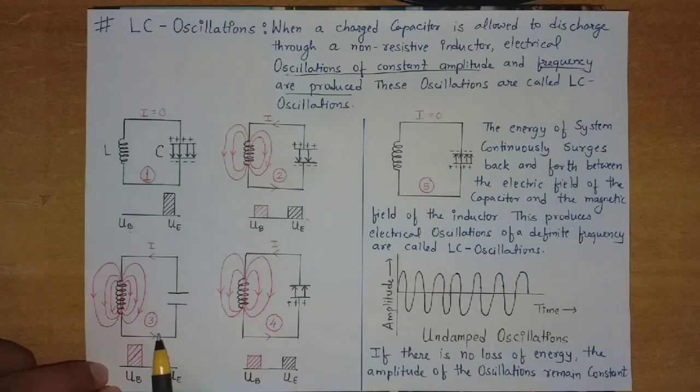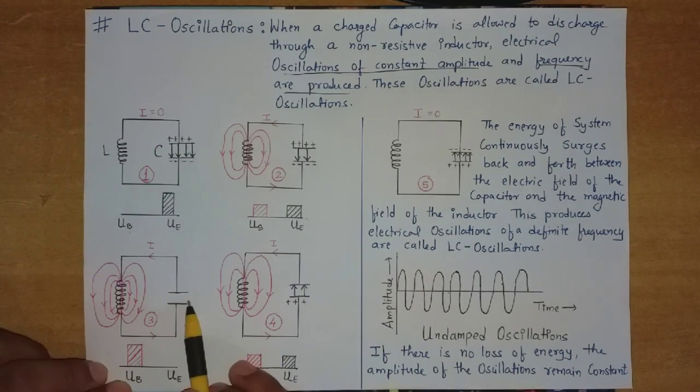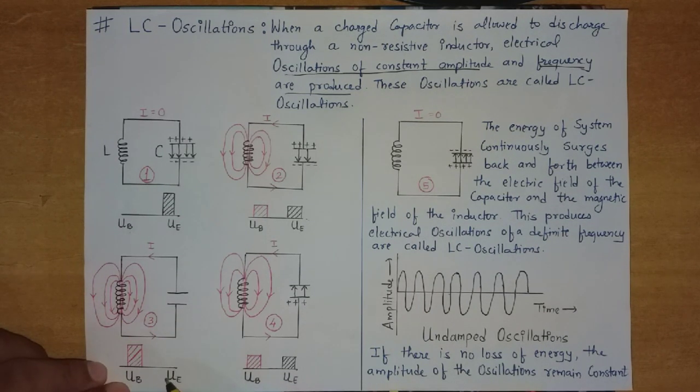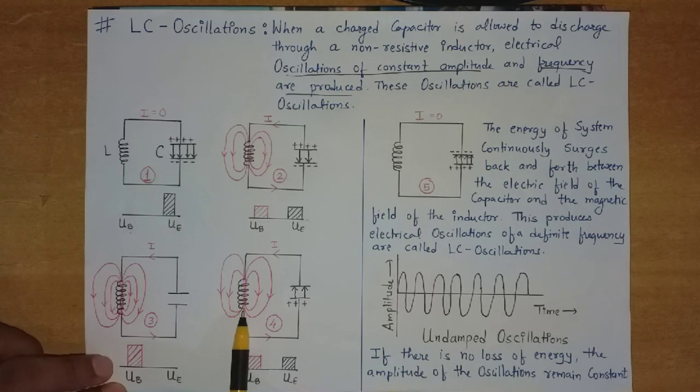Now in the third, this capacitor is fully discharged, right? And this inductor is fully charged. So by that, the electrostatic energy of the capacitor is 0, while the magnetic energy of the inductor is maximum. Clear? Now after that, this inductor is going to turn into discharging mode, while the capacitor comes into charging mode.